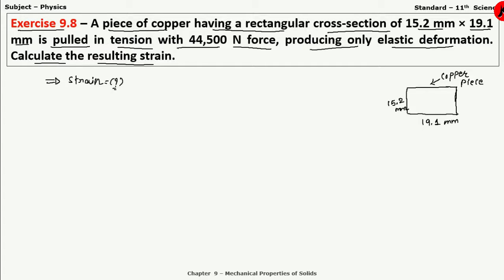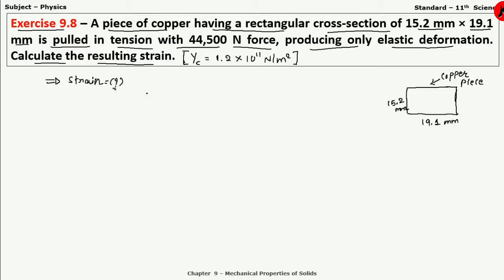Before calculating this exercise, we have one additional parameter, Young modulus of copper, which is given 1.2 into 10 raised to 11 Newton per meter square, right?